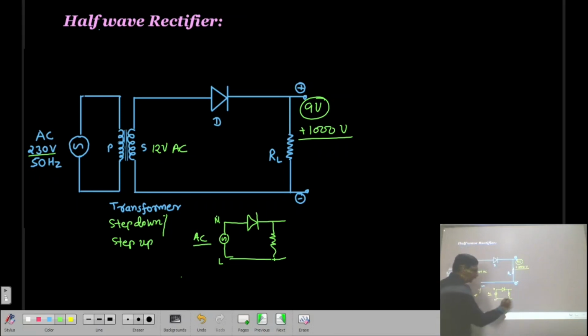So if this live terminal is connected to the ground, and normally this ground is connected to the chassis of the instrument, then here if this live is connected to ground and we touch the instrument or the gadget, you will get the shock.